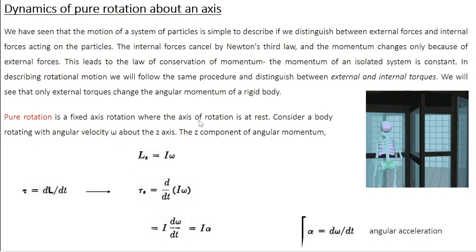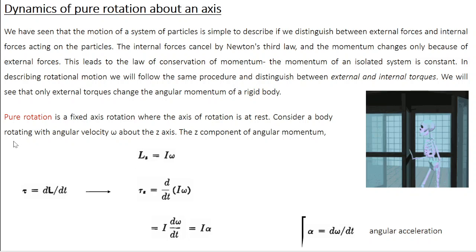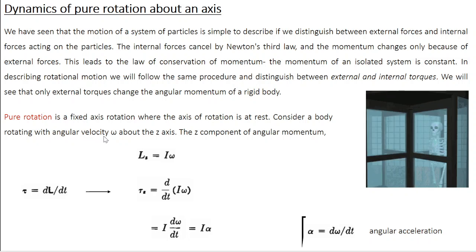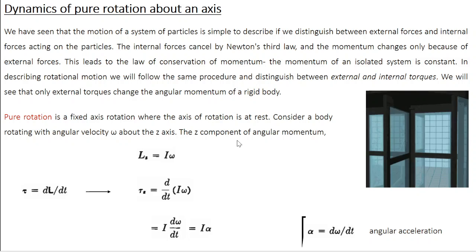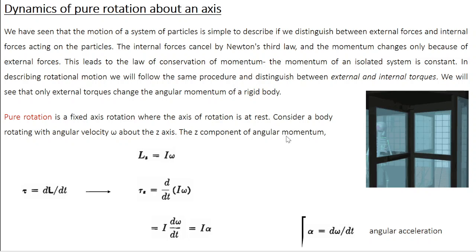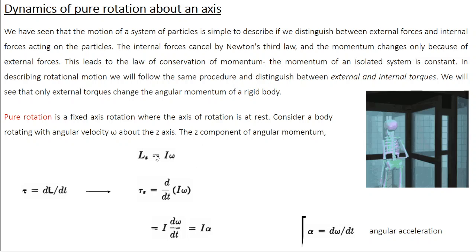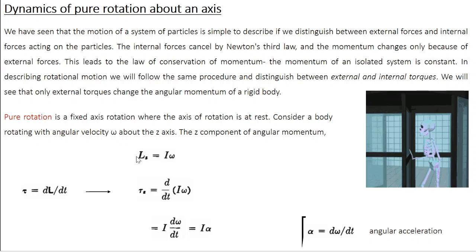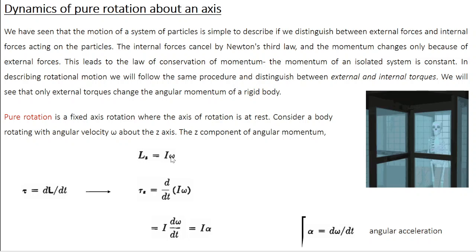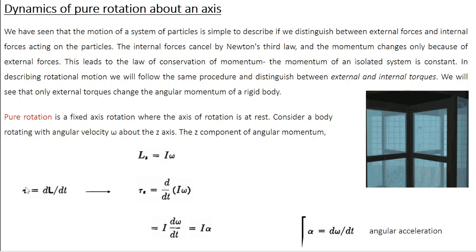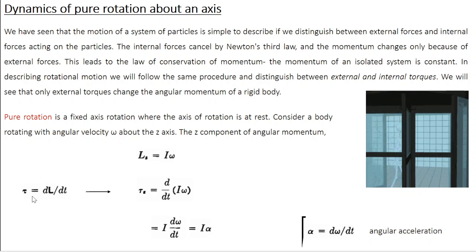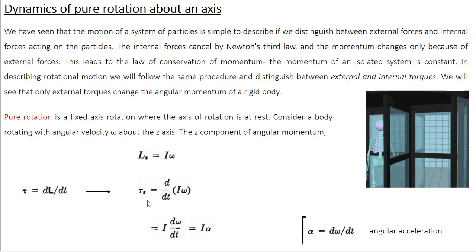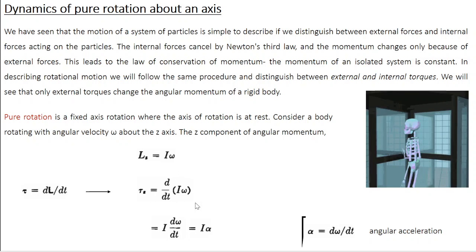Consider a body rotating with angular velocity omega about the z-axis. Then the z component of angular momentum is given in terms of its moment of inertia as Lz equal to I omega, and we know that the rate of change of angular momentum is a torque. So torque in the z direction, tau z, equals d by dt of I omega.